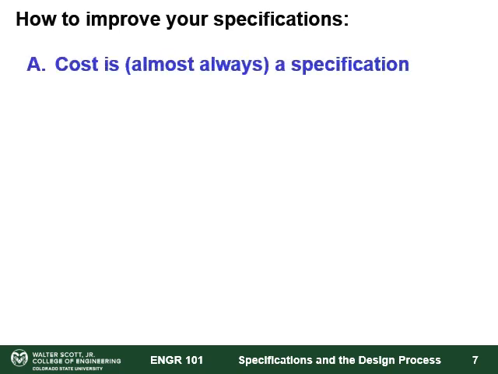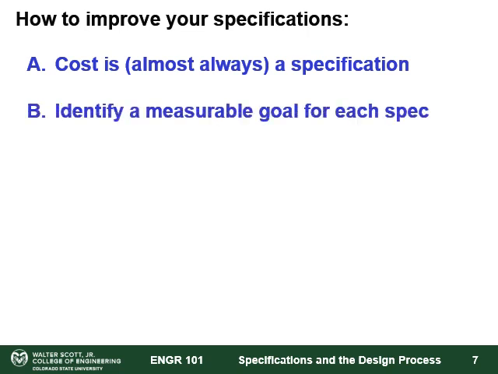First off, cost is almost always a specification. So make sure that you have at least one measure of cost in your list of specifications. That one's easy, it's pretty free to put it in if you don't have it, and it'll make your specifications better. For every specification that you have identified, try to identify a measurable goal.